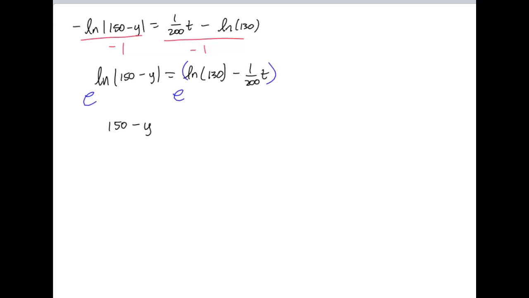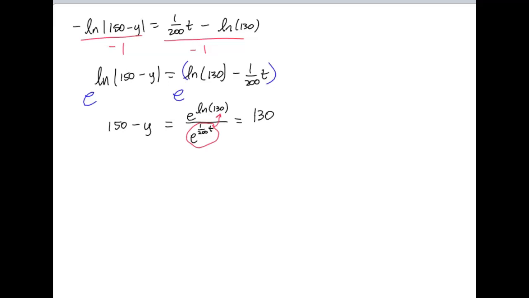On the right, notice that I have exponents that are being subtracted here. When you subtract exponents, it's because you have a quotient of powers, right? So I can rewrite this actually as e to the natural log 130 over e to the 1 over 200t. And that's nice to do because what is e to the natural log 130 going to simplify to? This is just 130. And then I can also just bring this one back up to the numerator by negating the exponent.